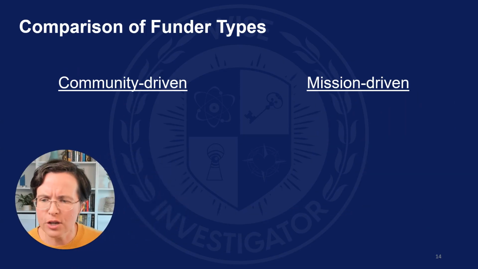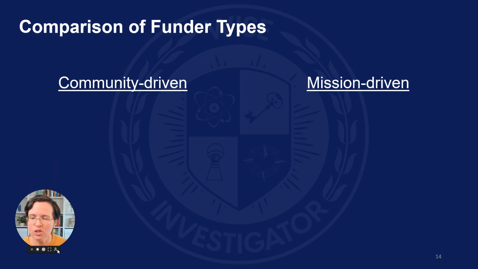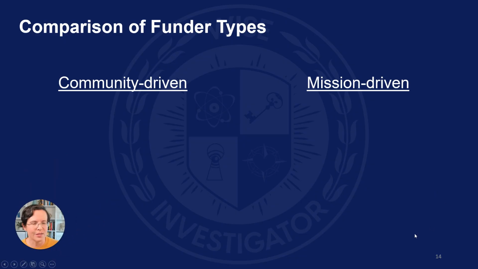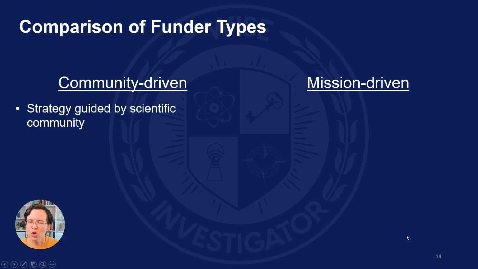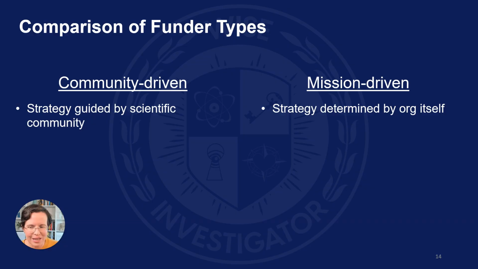All right, so in a community-driven organization versus a mission-driven organization, what are some of the ways they differ? First of all, the funding strategy is generally guided by the scientific community. That's what community-driven means. Whereas with mission-driven, the funding strategy is going to be determined by the organization itself. This is a very big difference in the two.